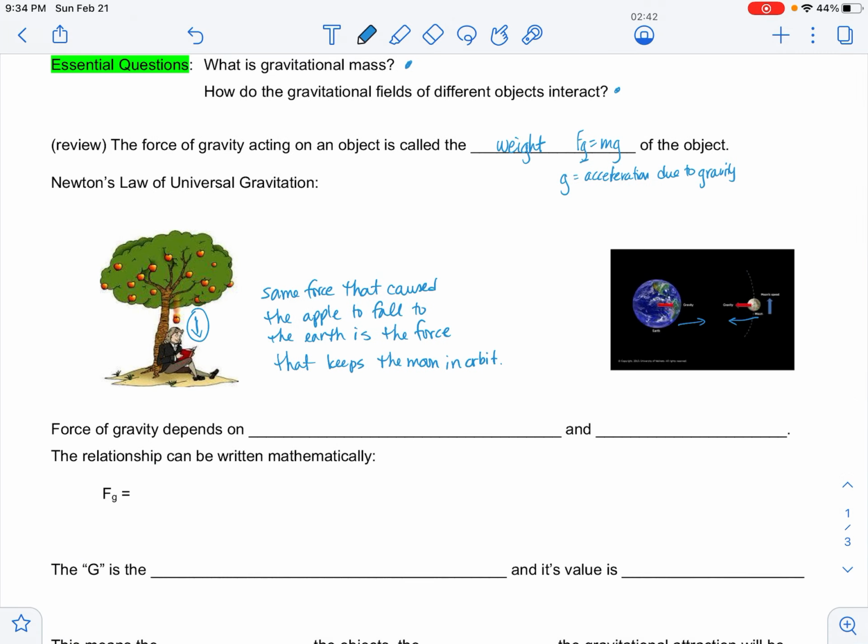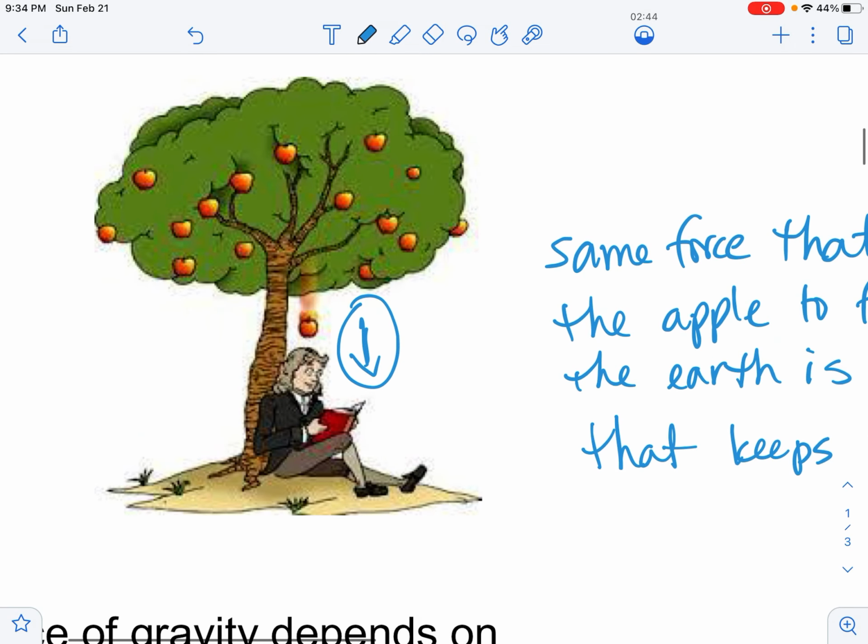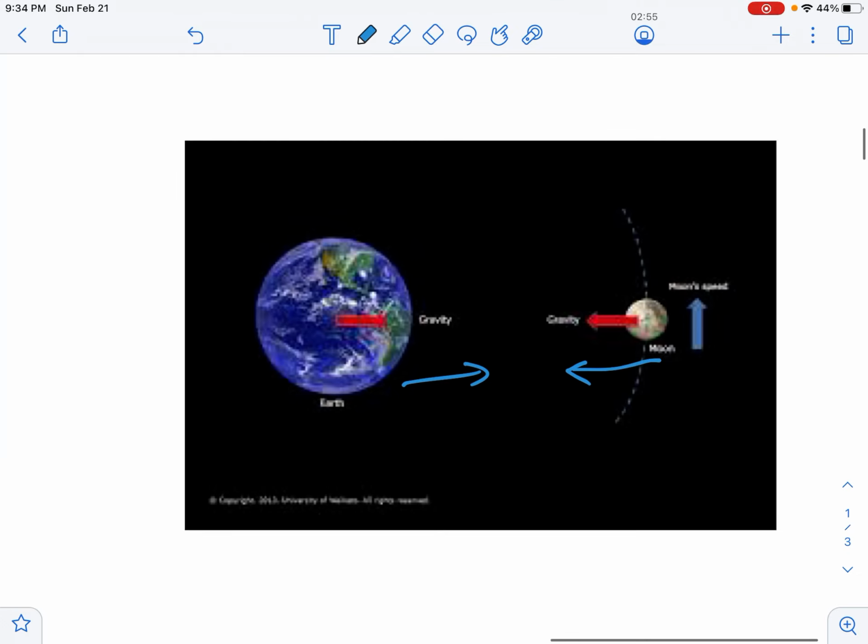Now, the difference is that we can identify the weight of this apple, right? Fg equals mg, because it's on the earth. We cannot say that we know the weight of this planet or this moon, right? Because it's not on the earth.